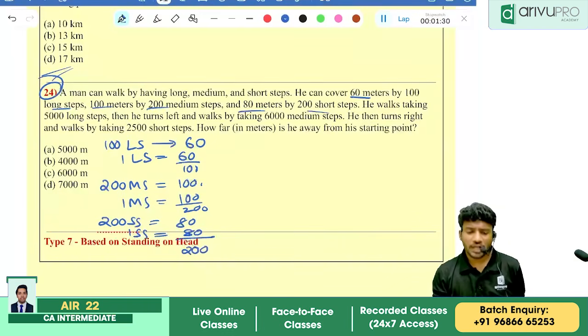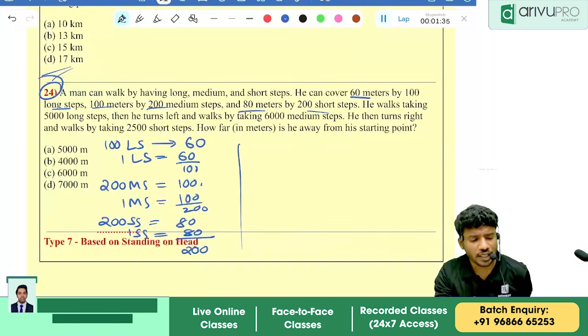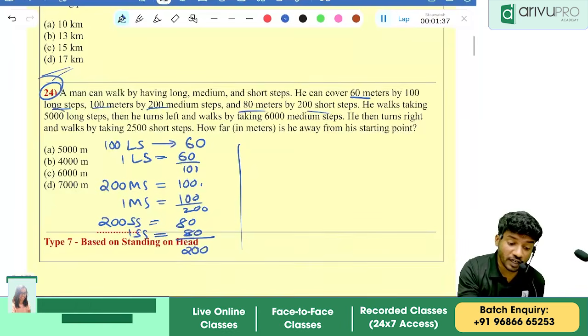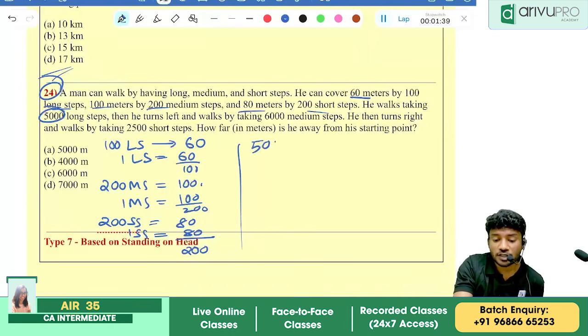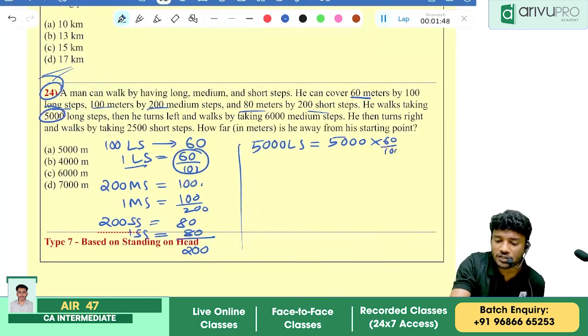Everything is given. Now people, read the question. He walks taking 5,000 long steps. 5,000 long steps is how many meters? It is nothing but 5,000 into one long step. One long step is how much? 60 by 100, which is equal to how much, people? 3,000. That is the 3,000 meters he traveled.